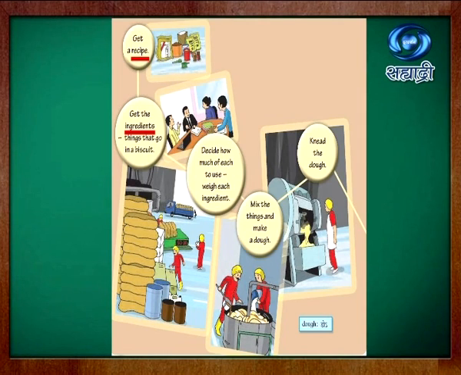Do you see any of the new words in this step? Yes, dough. As you can see here, when you mix all the ingredients using the right weight for each of them, we mix them to make a dough.